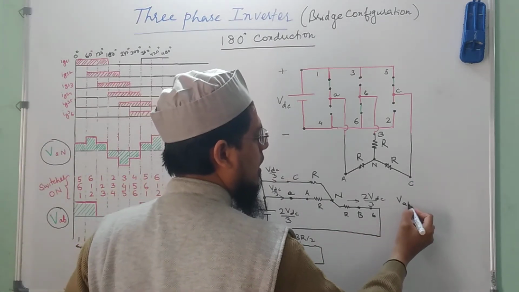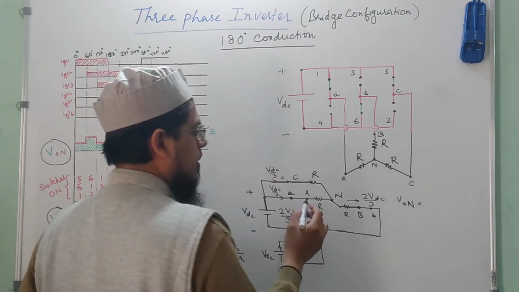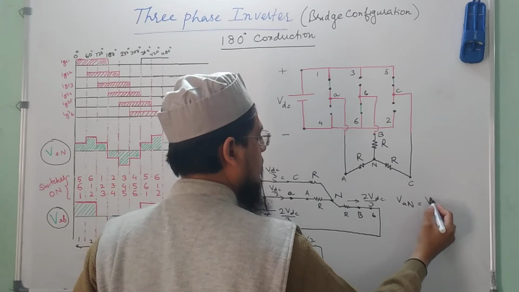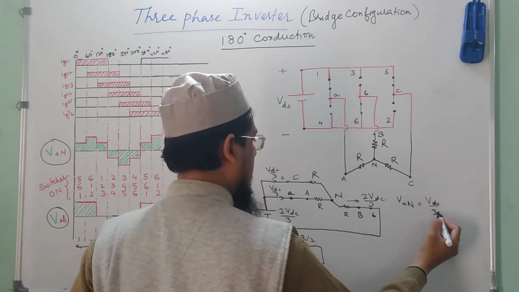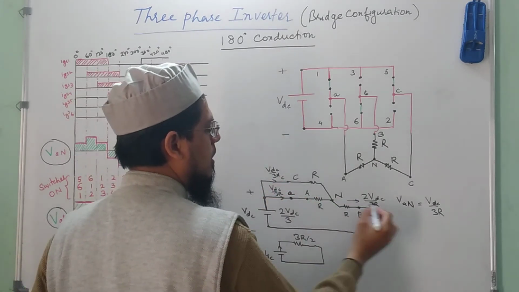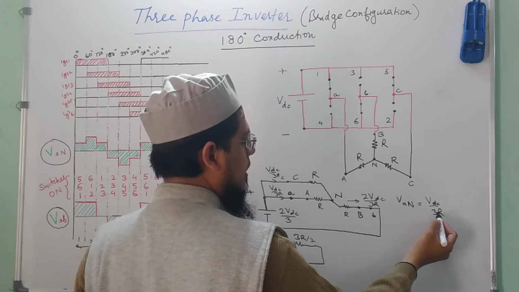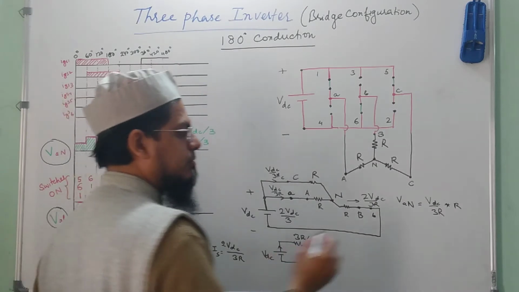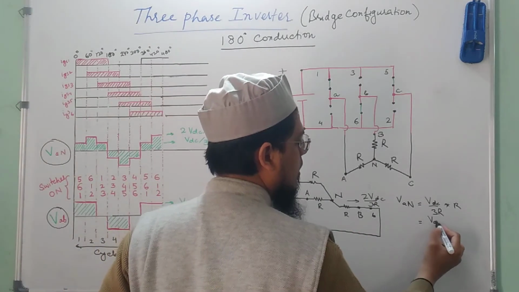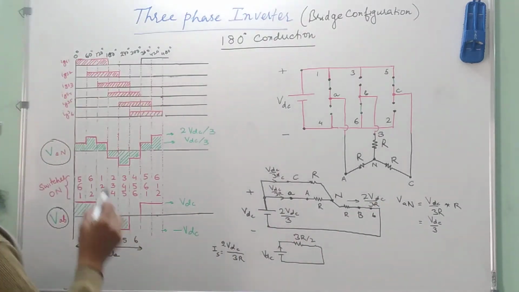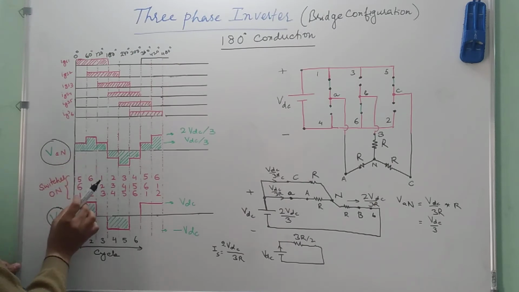You see the current that is flowing here is VDC by 3R. Sorry, I have missed R here. So VDC by 3R, then this has to be multiplied by this R. Okay. So that means VAN will be given by VDC by 3. Fine. So you could see here that I have mentioned this first step. So this is VDC by 3.